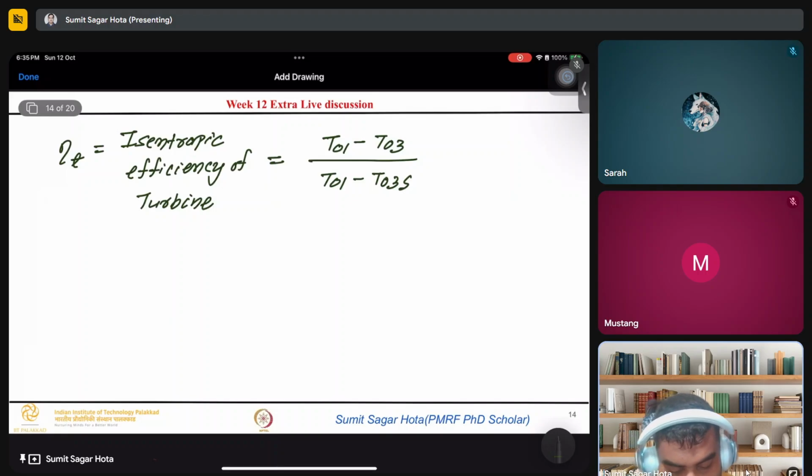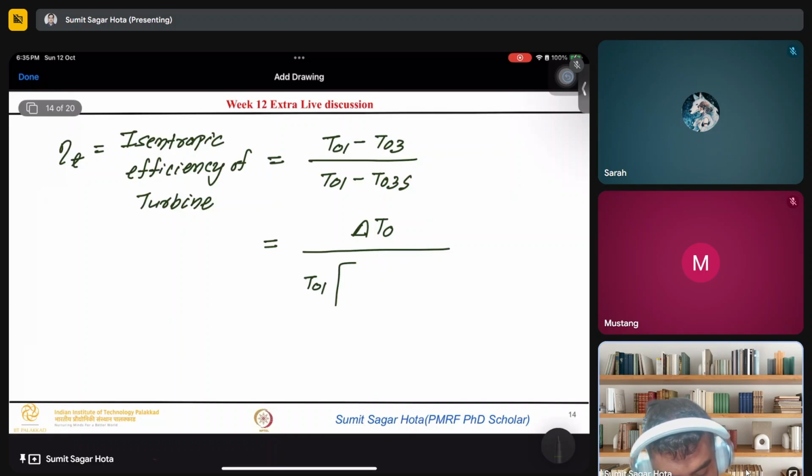Which is delta T naught divided by T naught 1. You take common, it will be 1 minus T naught 3s divided by T naught 1. You can convert it into the isentropic relation of temperature and pressure, then it will be P naught 3 by P naught 1 to the power gamma minus 1 by gamma.